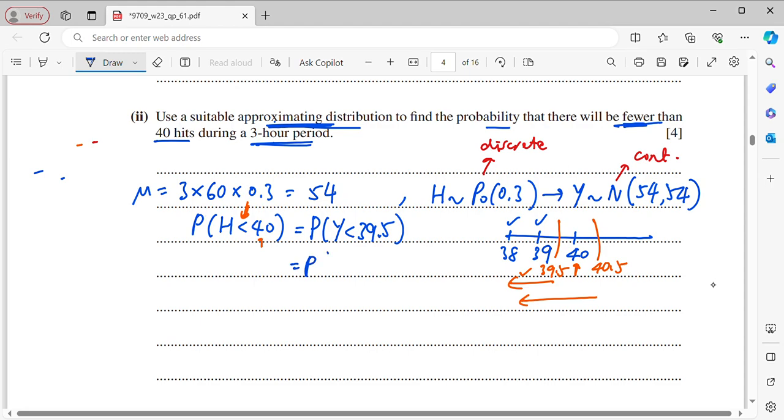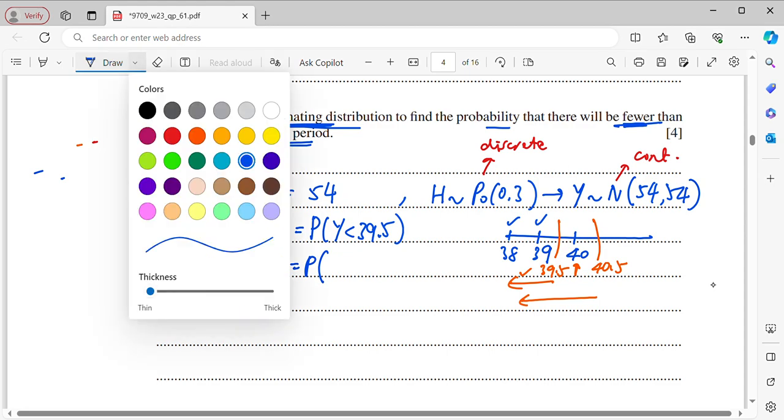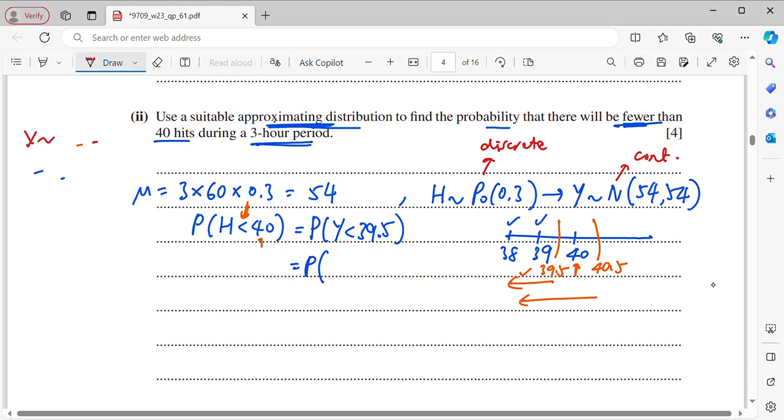Now we standardize it. When X is normally distributed with mean mu and variance sigma squared, standardizing gives (X minus mu) over sigma, so here I will get Z less than (39.5 minus 54) over the square root of 54.